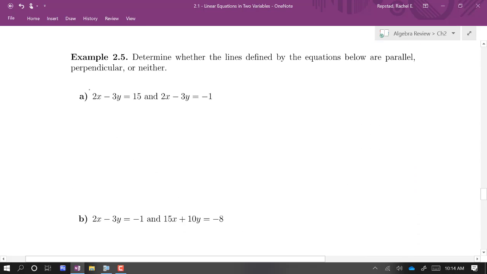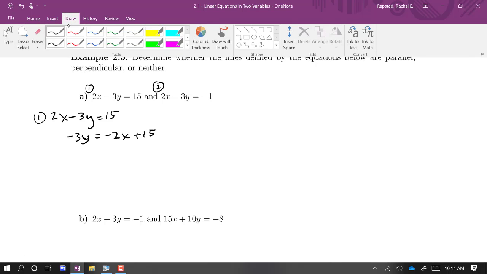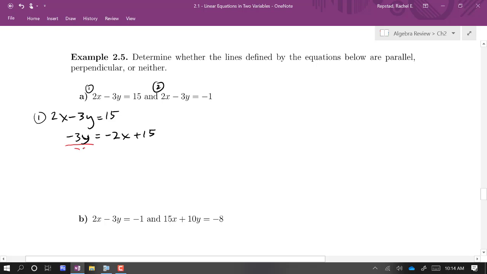So I'm just going to take each of these. This will be equation 1 and this will be equation 2. Starting with equation 1, 2x minus 3y equals 15, I'm going to solve for y. I'll subtract 2x from both sides. That gives me negative 3y equals negative 2x plus 15. I will divide both sides by negative 3.